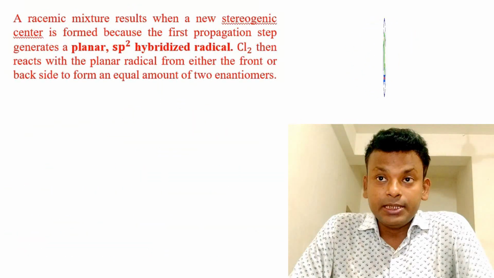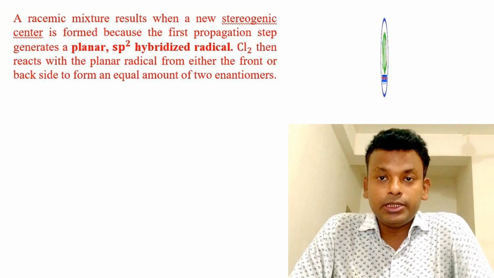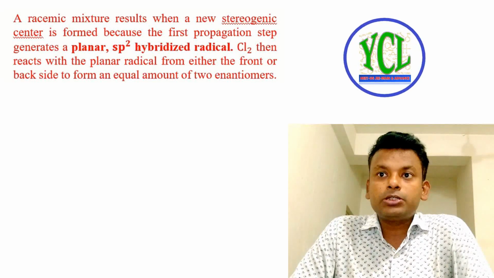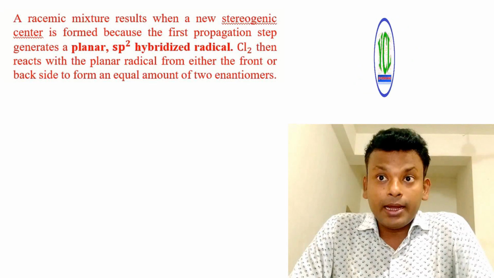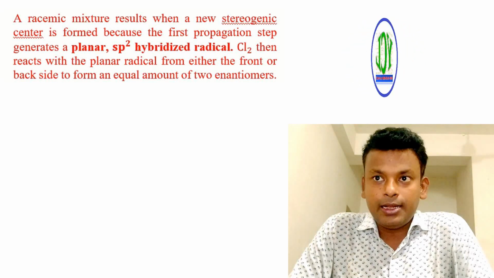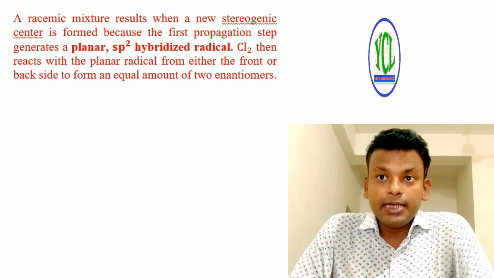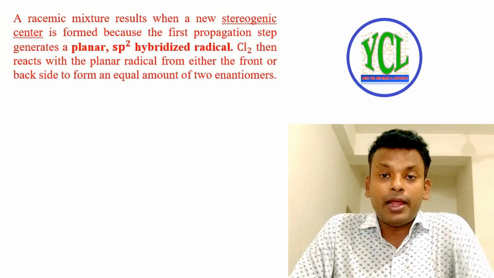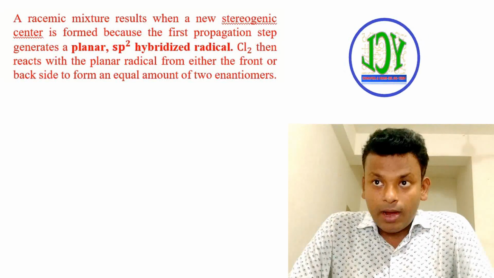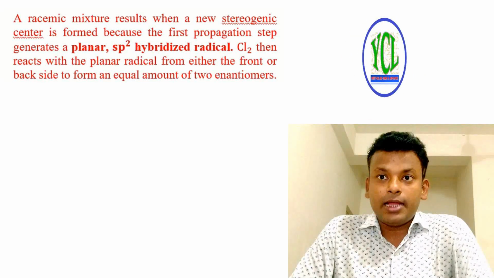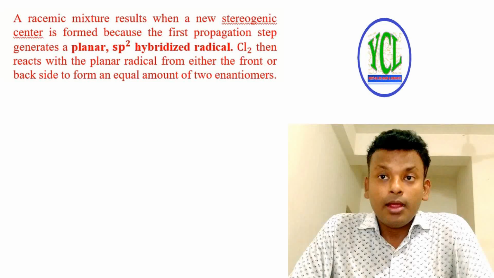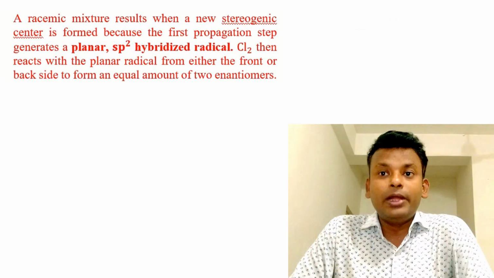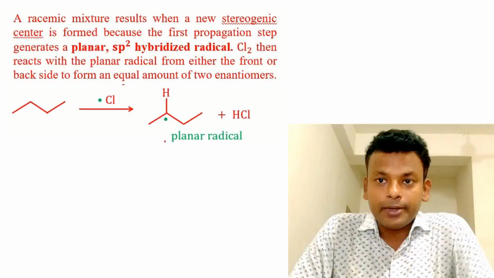A racemic mixture results when a new stereogenic center is formed because the first propagation step generates a planar sp2 hybridized radical, and next Cl2 reacts with the planar radical from either the front or the backside, to form equal amounts of the 2 enantiomers, and the reactions are given.